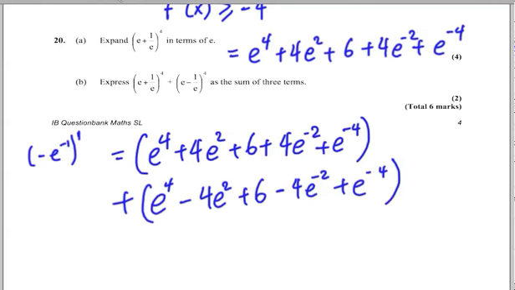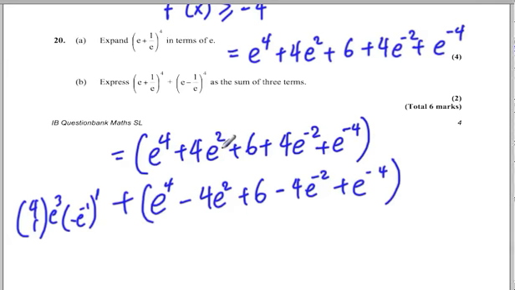If I wrote that term out, it would simply be 4 choose 1, e to the power of 3, and negative e to the negative 1 to the power of 1. So this is 4, this is e, and this is negative e to the negative 1. In other words, this would simply be negative 4e squared, which is basically what we got there.